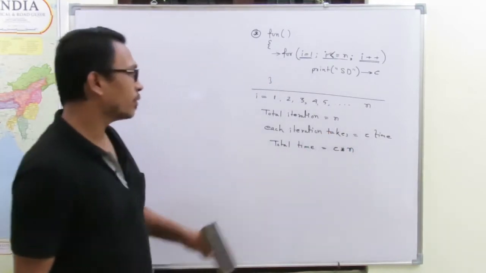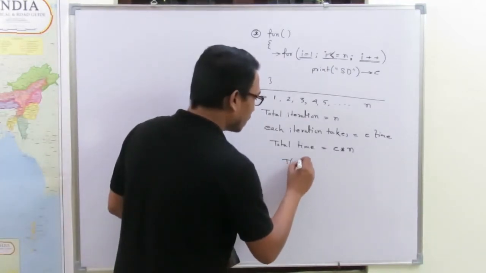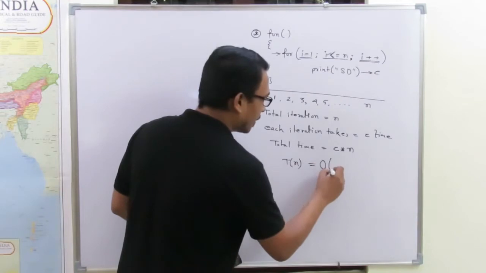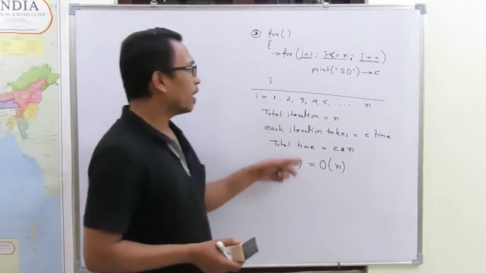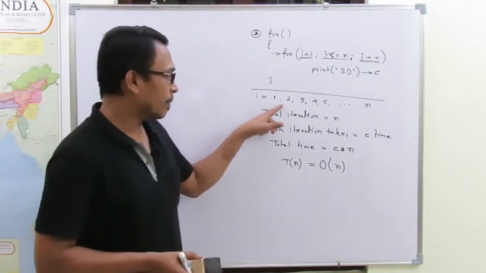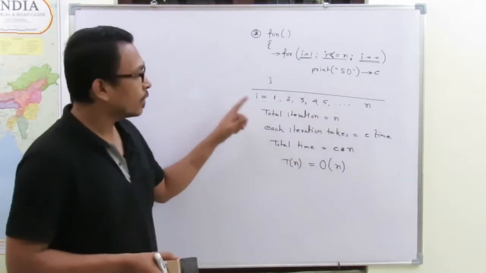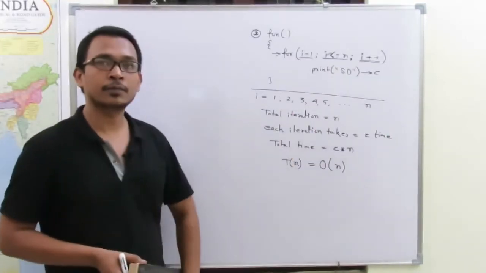So from this we can find the time complexity, that will be T(n) = O(n). Clear? That is how we can find the time complexity, by finding the number of iterations and how long each iteration takes to execute.